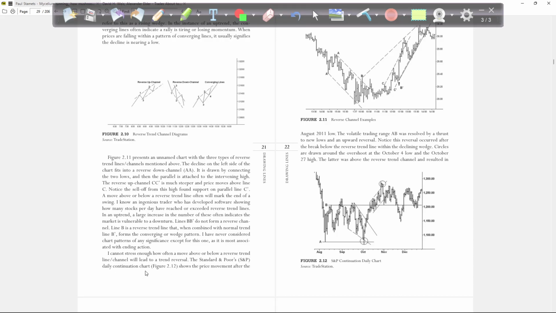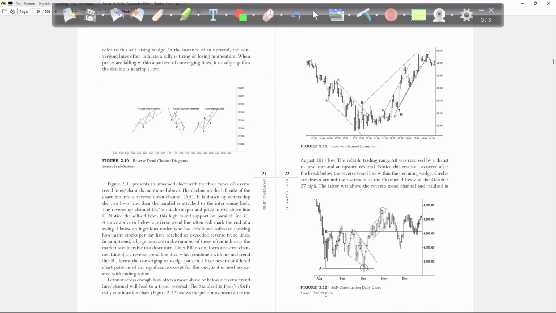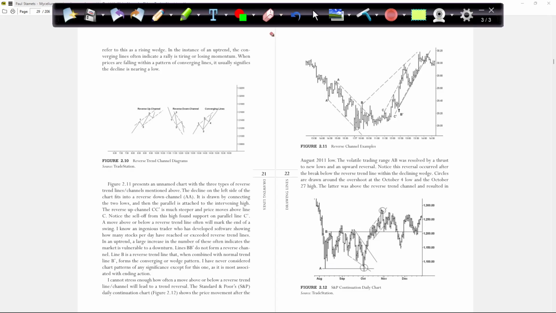The Standard and Poor's S&P daily continuation chart 2000, figure 2.12, shows the price movement after the August 2011 low.